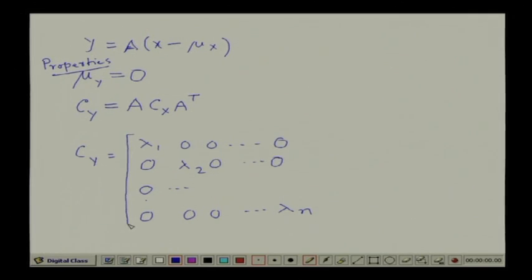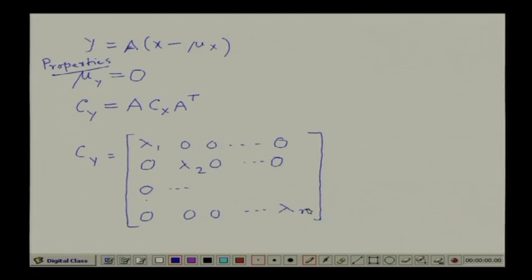So, this is the covariance matrix of y, that is C y, and obviously the eigenvalues of C y are the same as the eigenvalues of C x, which are lambda 1, lambda 2 up to lambda n, and the eigenvectors of C y will also be the same as the eigenvectors of C x.